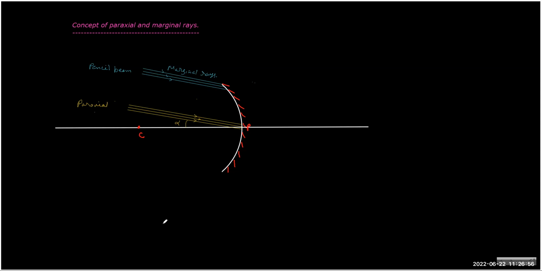What I'm saying is that out of the entire beam, which is spread throughout, of course, some beam must be in between also. We can draw this, fill the entire gap with rays.